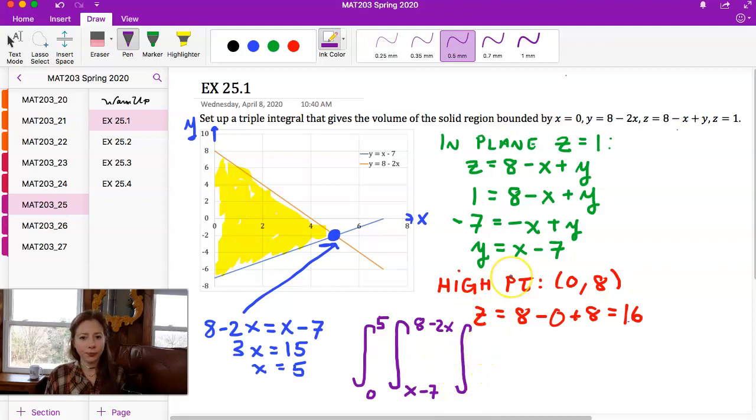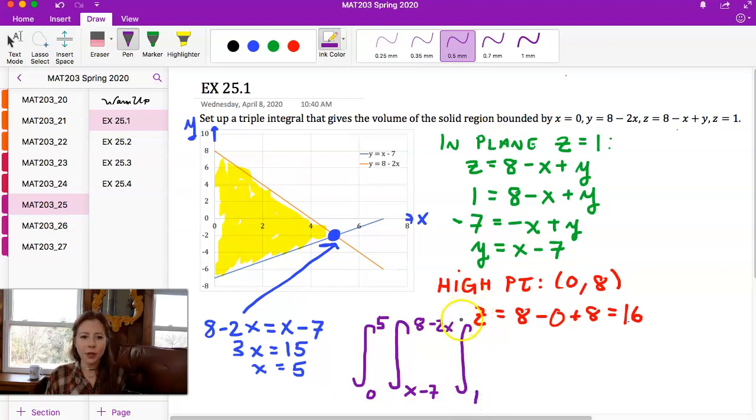And so for z, we're already told that one of the bounds is z equals 1. And we know that's our lower limit because we are able to come up with a high point staying within our constraints for x and y. So that is going to be 1, our minimum.